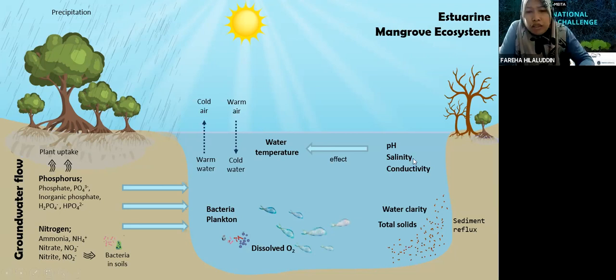So pH, salinity, and conductivity. This is the conductivity of water. So there is water clarity and so on.